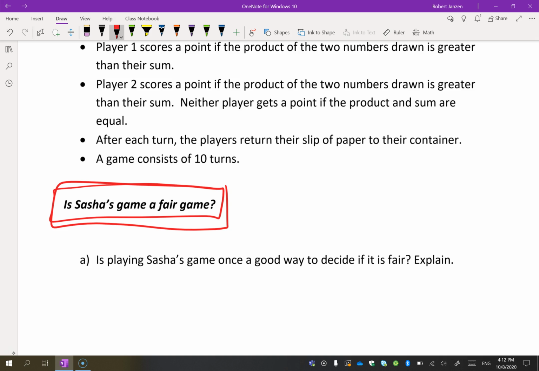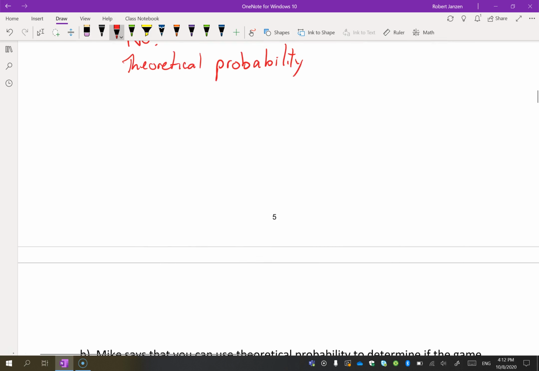First of all, if I just play the game once, is that a good way to decide if it's fair? No, it's not. Okay, the best way to determine if it's fair is to use theoretical probability. In other words, what should happen if we do this? Okay, well, let's take a look at what should happen.